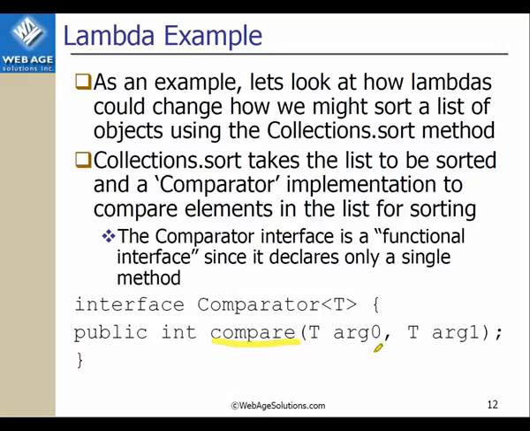Depending on the sign of that value coming back, we determine whether arg0 is first or arg1 is first. So we need to provide some kind of implementation to that interface. What we're going to see here is how we would have done this before Lambda expressions, and then how we are going to do it with Lambda expressions.